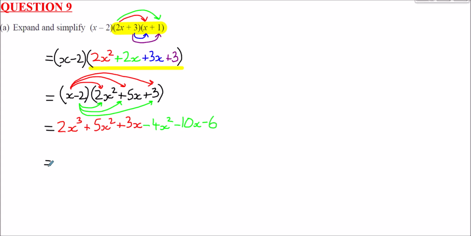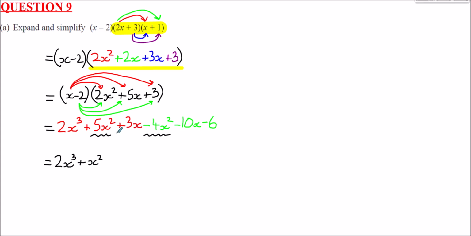So that's a case of grouping everything together. So 2x cubed, we have one x cubed term. The x squared terms, we actually have 2. We've got a 5x squared and a minus 4x squared. 5x squared take away 4x squared will give just plus 1x squared.